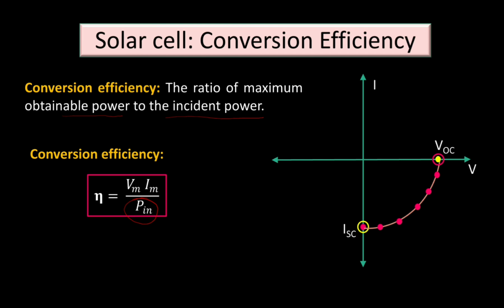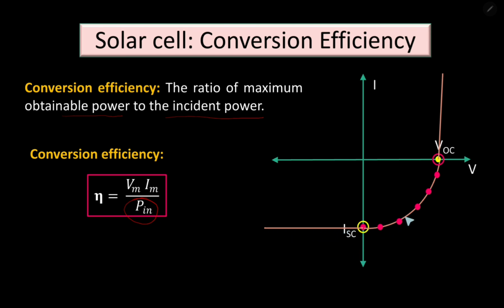Now let me extend this curve to the first quadrant and third quadrant. If I extend to the first quadrant, that is I is positive, V is positive, that means this is under forward bias condition. And coming to the third quadrant, V is negative, I is negative, this is reverse bias condition.